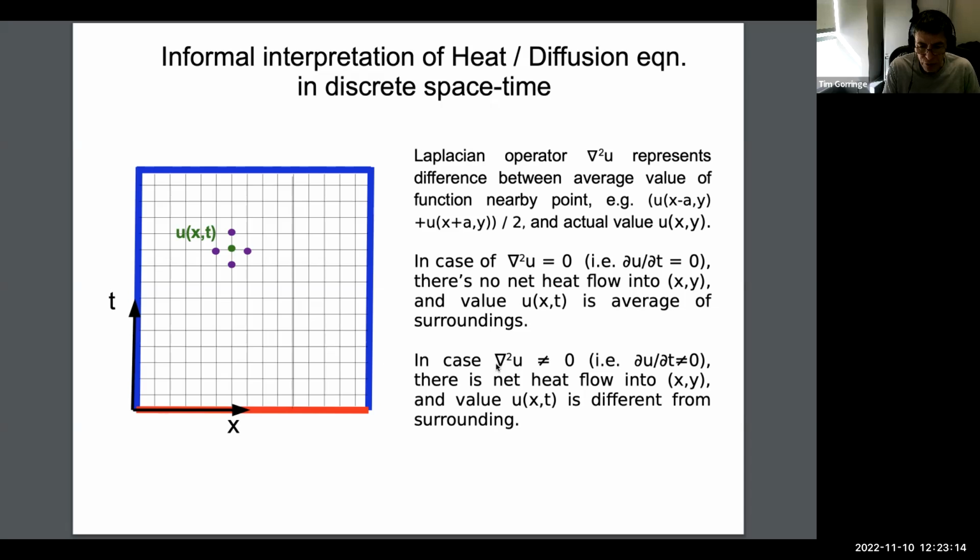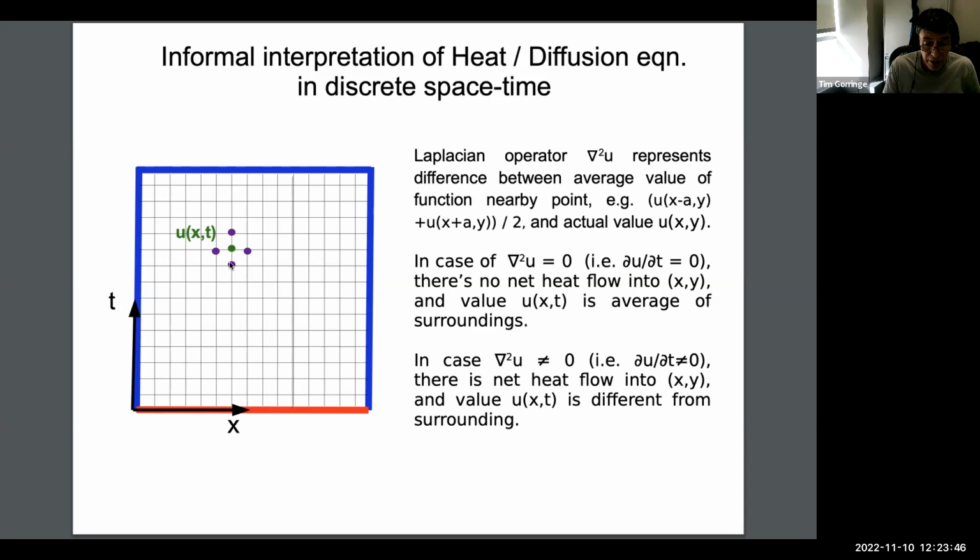If in the heat diffusion equation the Laplacian of the temperature is not equal to 0, that's where the rate of change of the temperature in time is not equal to 0, then this green point here, its temperature is not the average of the two neighboring points. And it's not the average because the temperature is changing with time.